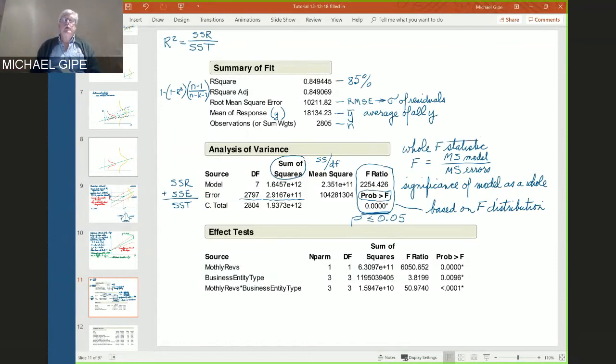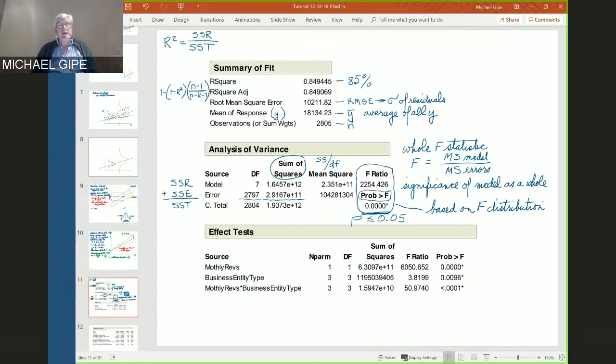So, a question you might ask is, if we did a t-test on each of the slopes of the model for all of the x variables, and they all came in less than 2, meaning that we can't reliably say that any of the slopes are different from 0, can we get an F ratio that indicates that the model is significant?